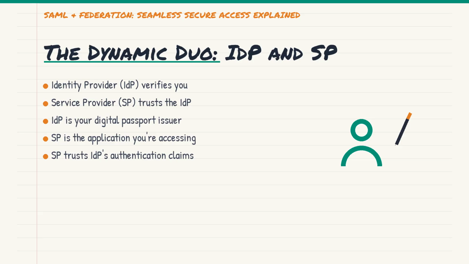The SP, on the other hand, is the application or service you are trying to access, say, Salesforce or a SaaS tool. The SP trusts the IdP to tell it if you are legitimate. So, when you try to access an SP, it redirects you to your IdP, you authenticate there, and then the IdP sends a SAML assertion back to the SP saying, yep, this person is who they say they are.